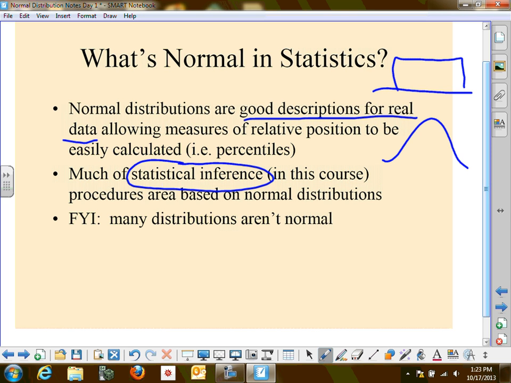Now, it's important to note that many items are not normal. So you may wonder, why are we going to concentrate this entire year on the normal model if a lot of things aren't normal?